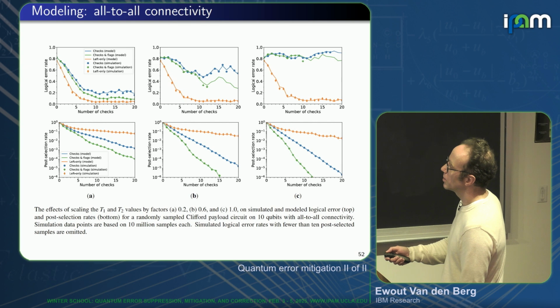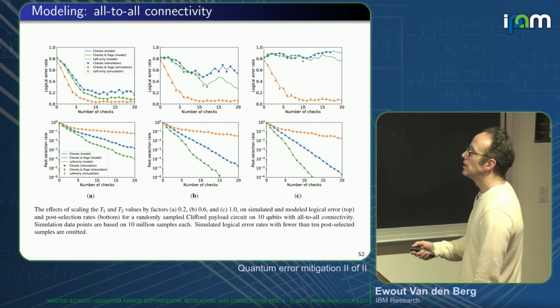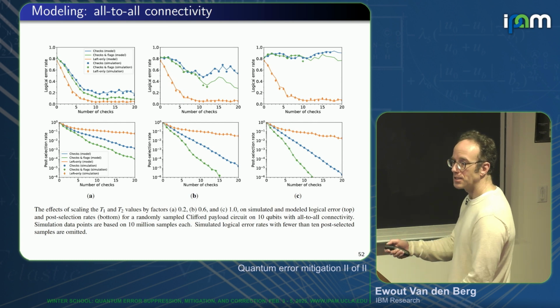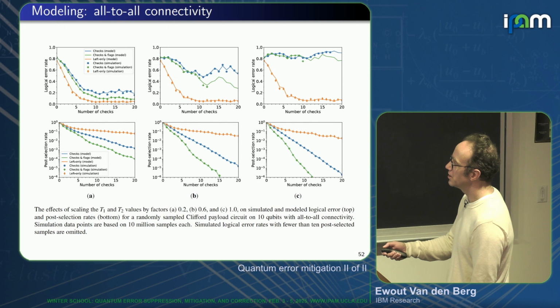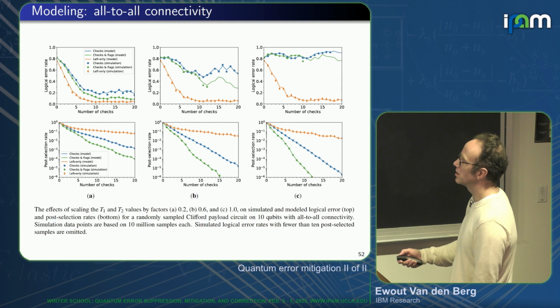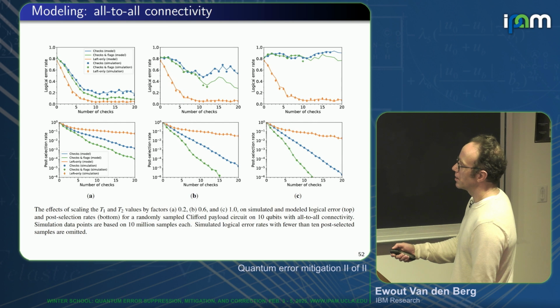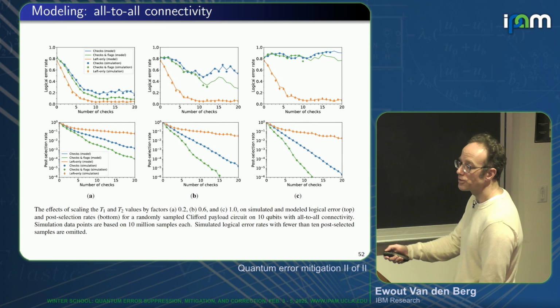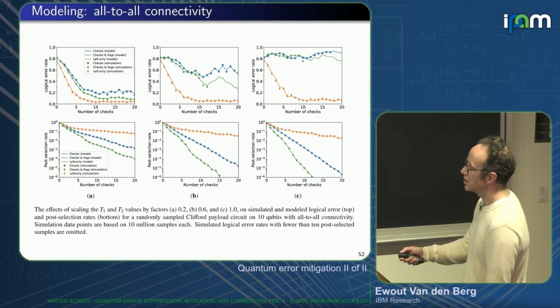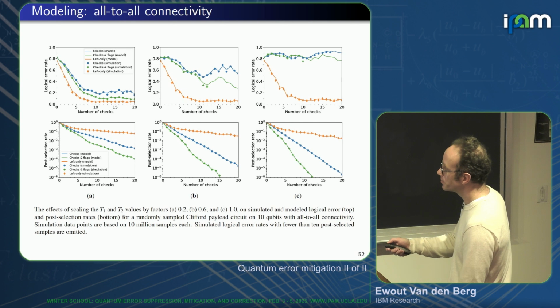We have settings where you just have checks and flags, and the left only setting without flags. From the analysis, we know that there's more approximations in the flag setting, so that sometimes deviates, but the other ones are pretty good. Now, if you decrease the T1 time, then you see that this reduction in error rate is not as pronounced, except for the left side only check, because there's no idle wait time between the check and the measurement.